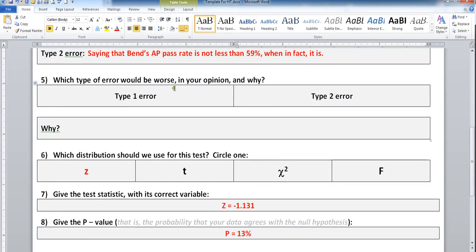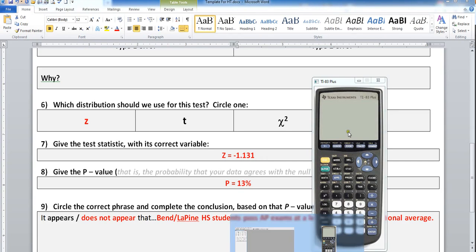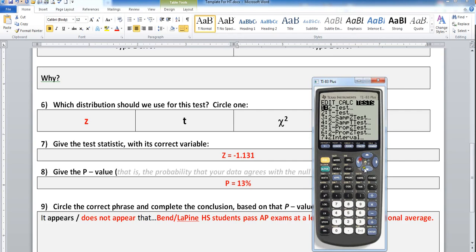I do want to talk briefly about this. Since I had the data, I don't know if this is the entire population, in other words a census, or if this was a sample. But the numbers I was able to get were 198 AP exams taken and 109 passed. Now, if that in fact is the population of all the values, then technically speaking, you wouldn't run a hypothesis test, would you?